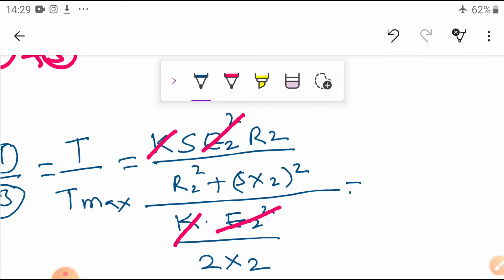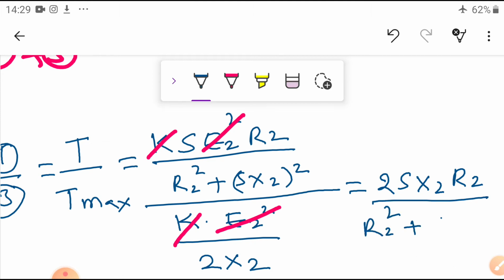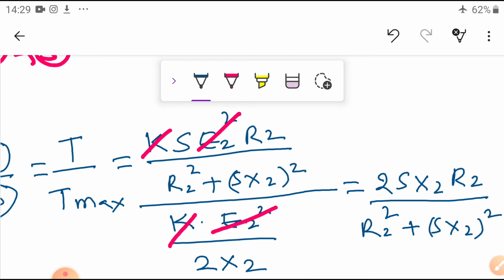That is equal to 2 into S into x2 into R2, divided by R2 whole square plus Sx2 whole square. So, this is what we are going to get.